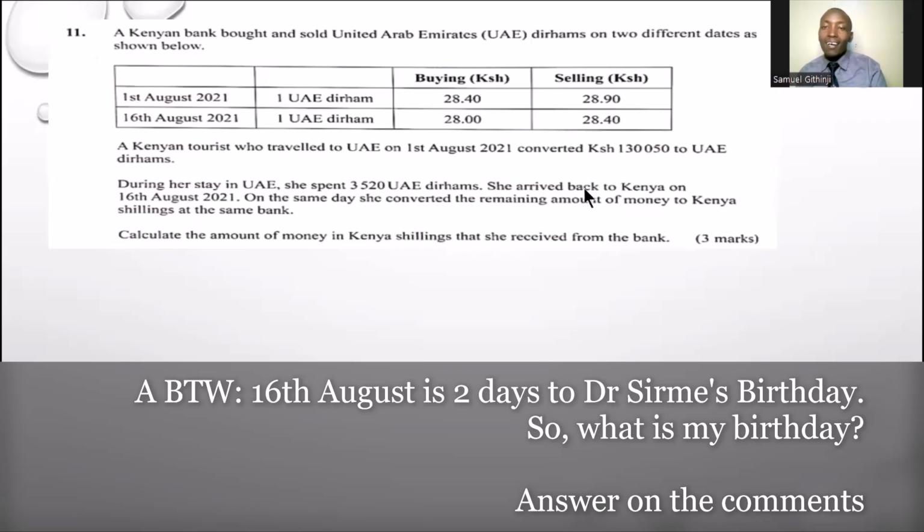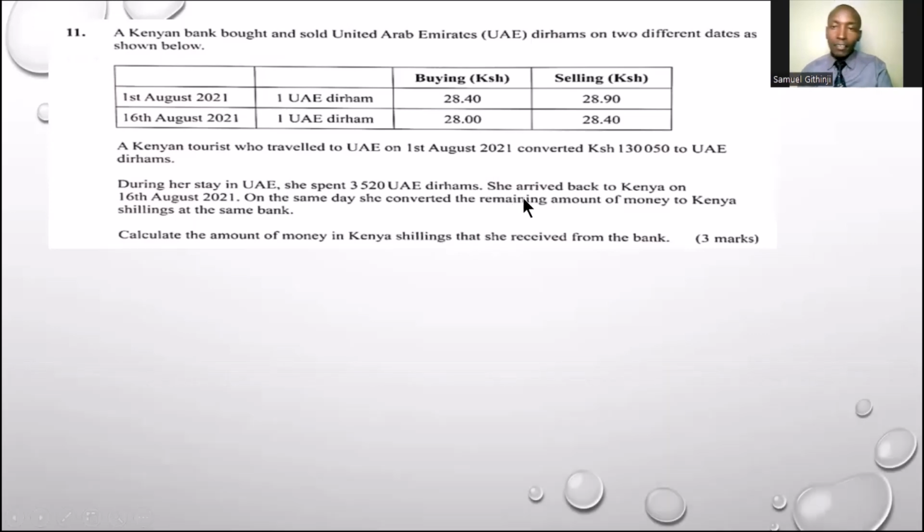Then she returned back to Kenya on the other date, 16th of August. On her return, she converted the currency back to Kenyan shillings. Then the question is, calculate the amount of money in Kenyan shillings that this lady received.